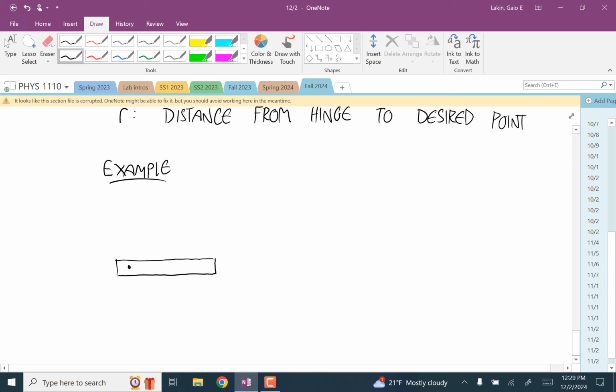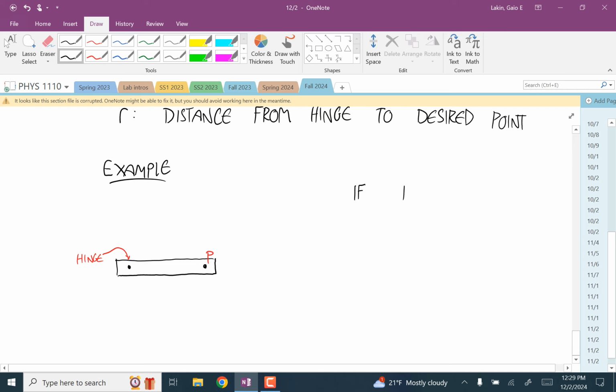Here's the hinge. And let's say that we want to calculate the velocity of this point. Okay. So this is the hinge. This is the point P.